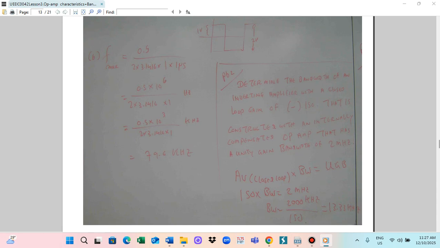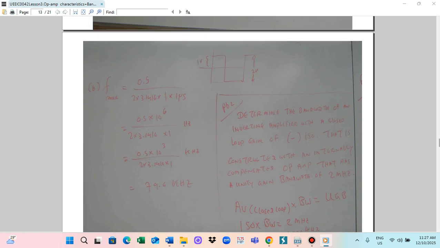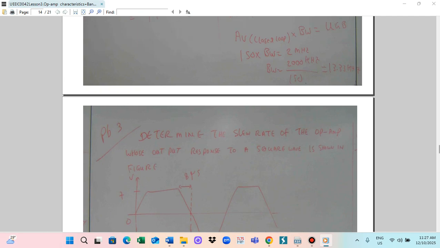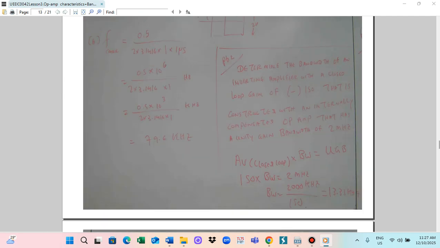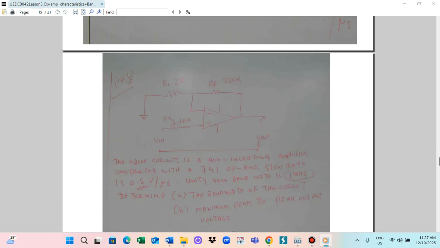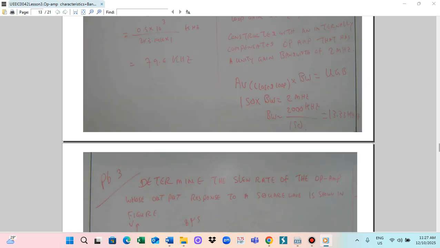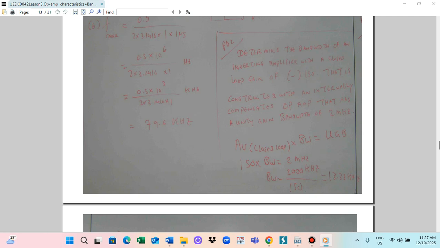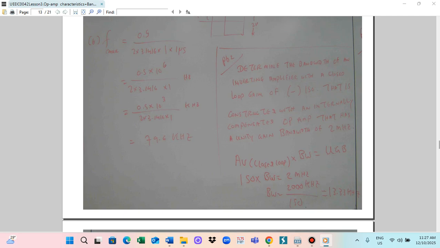Similarly, 2 volt P2P means the voltage is 1 volt, so you only have to substitute 1. The slew rate is again per 1 microsecond. So 0.5 times 10 to the power 3, divided by 2 times 3.1416 times 1, which you calculate as 9.6 kilohertz.